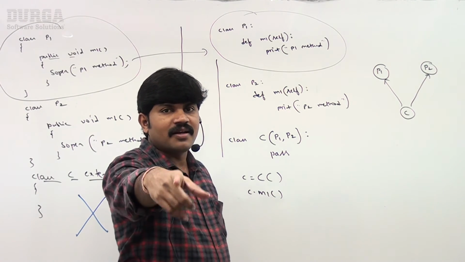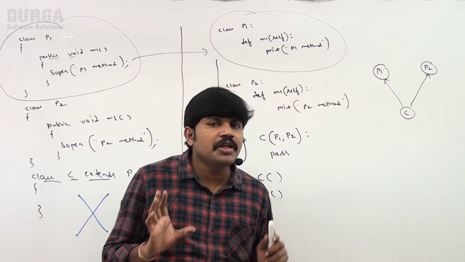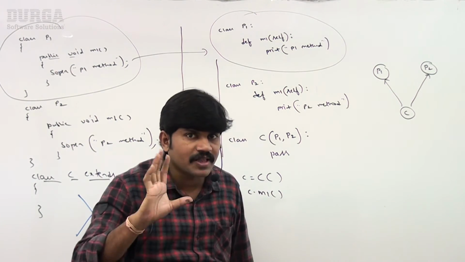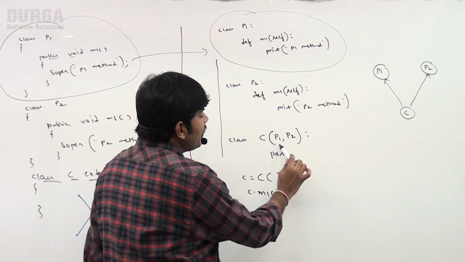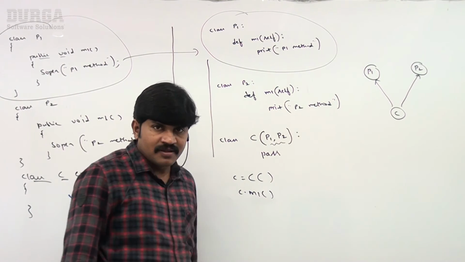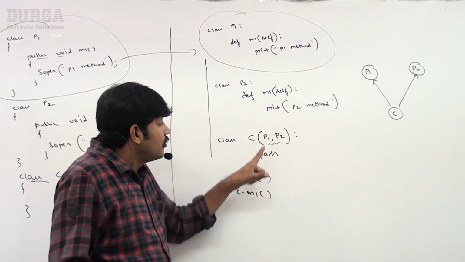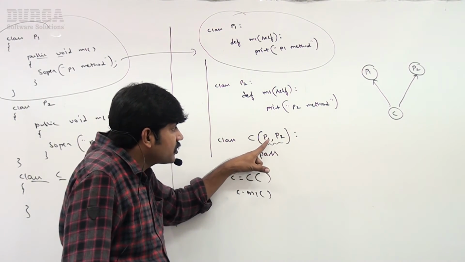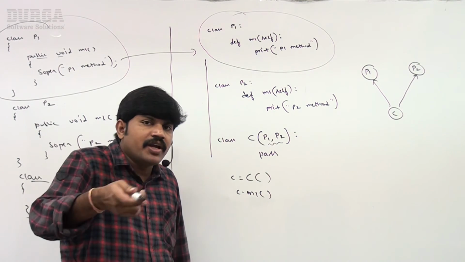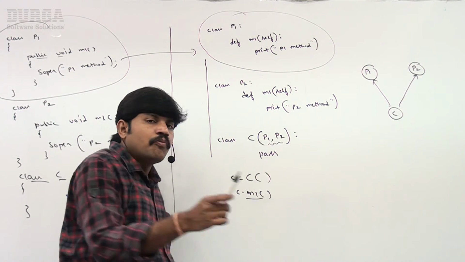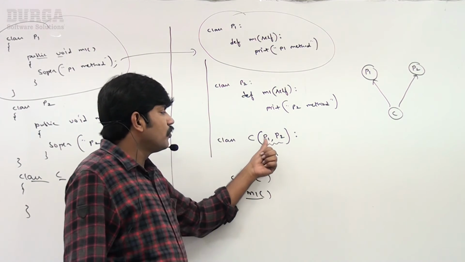But in Python, this problem is solved in a very beautiful way. In what way is the problem solved? It is very simple, sir. While declaring parent classes, in which order did we take them? First P1 and then P2. While resolving methods, first priority goes to P1.